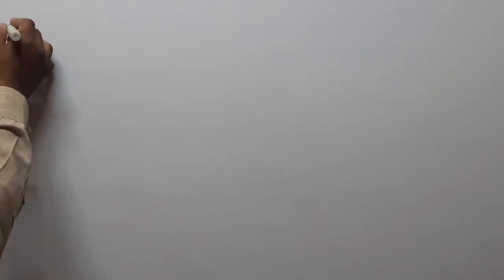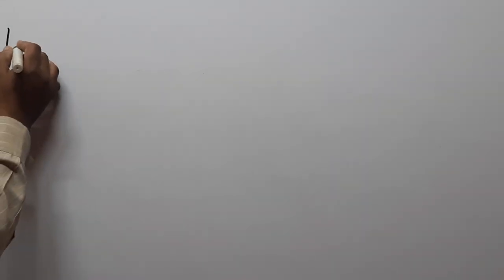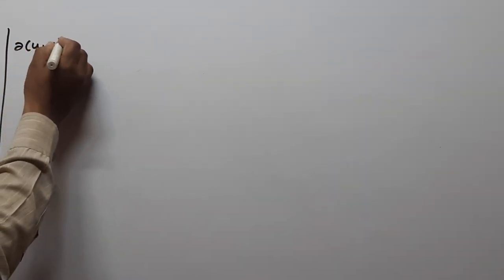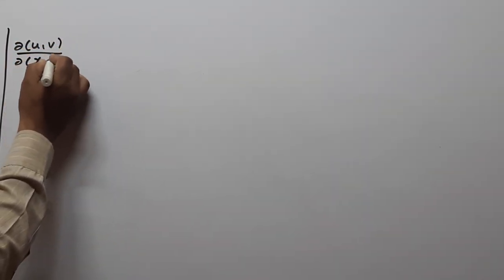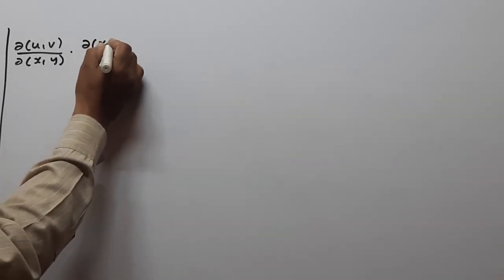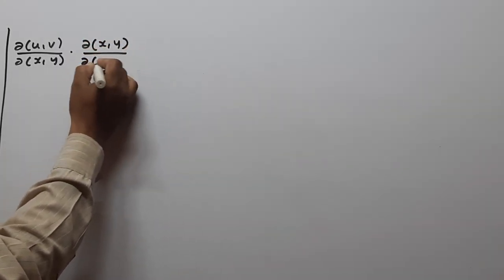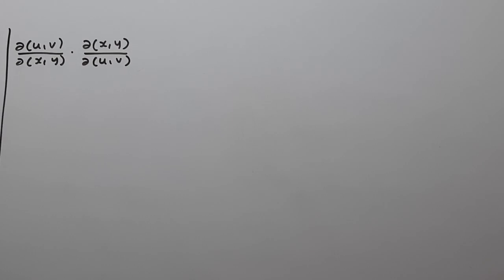Now we have to find the Jacobian of (u, v) with respect to (x, y) and the Jacobian of (x, y) with respect to (u, v).